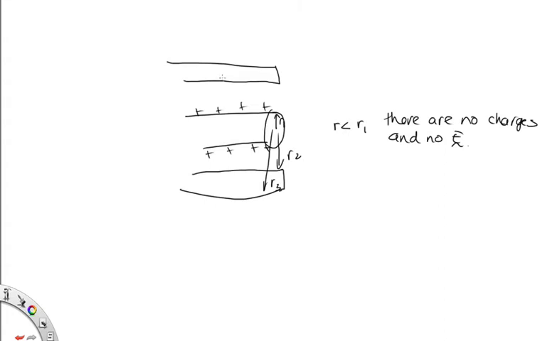The charges will redistribute to make sure that there's no electric field. So what actually happens is we get a negative charge density along this surface at radius R2, and this charge density is equal to minus lambda, because this one is plus lambda, and so they cancel each other out. And then let's say this coaxial cable had a total charge density of 2 lambda. That would mean that we'd have a charge density of 3 lambda at R3. So when we come and do Gauss's law, we'll be looking at things like this in a bit more detail.